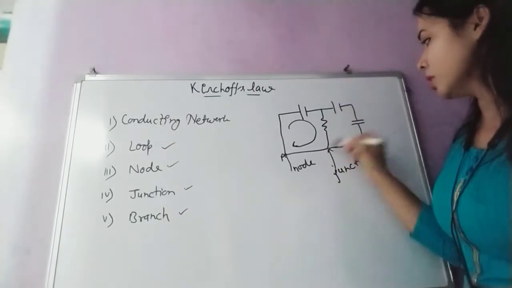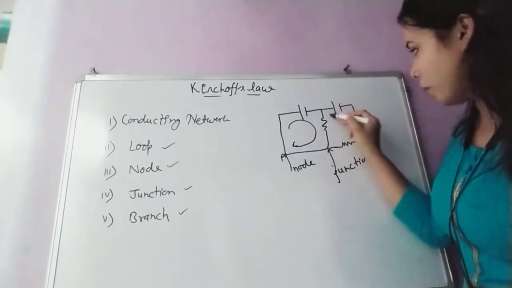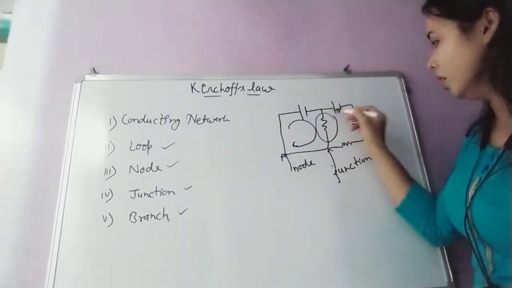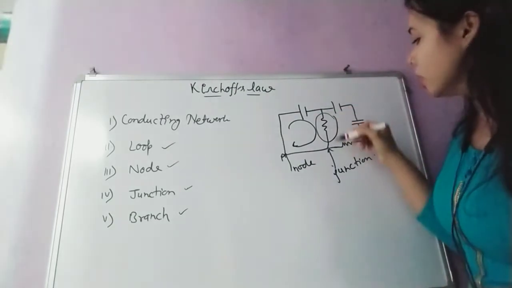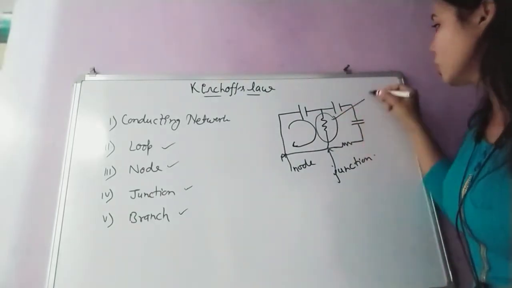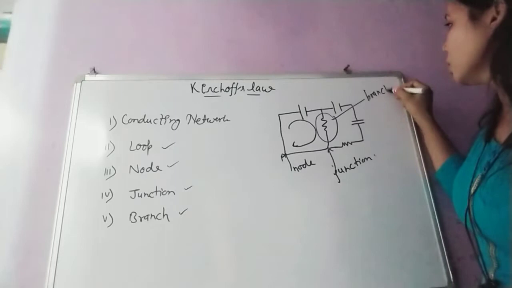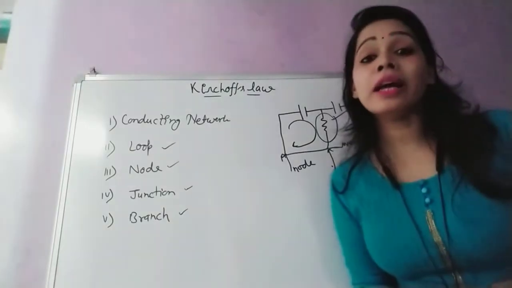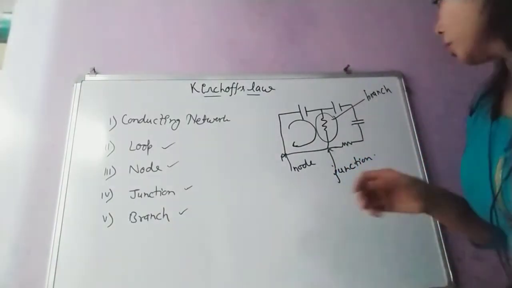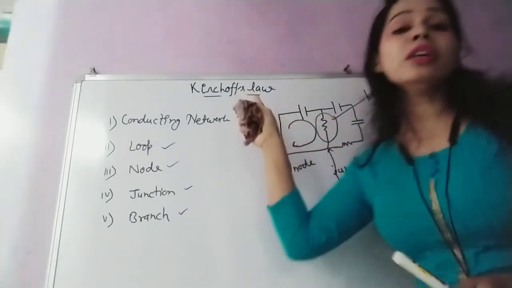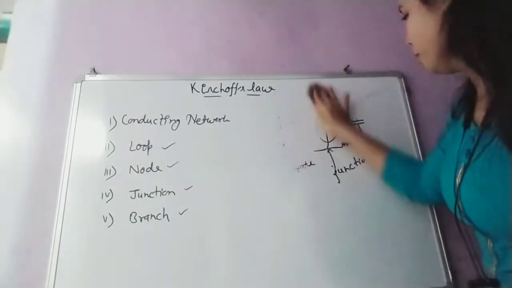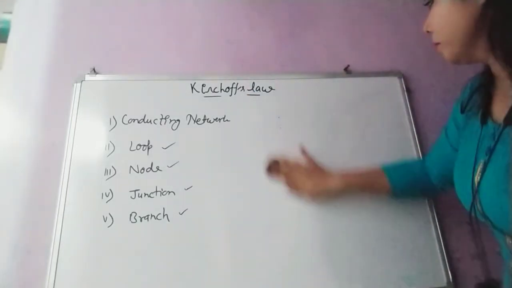So the part of this conducting network which is between the two junctions is called a branch. Understood? So now I am removing all these terms and we will move to Kirchhoff's law, which is very important.